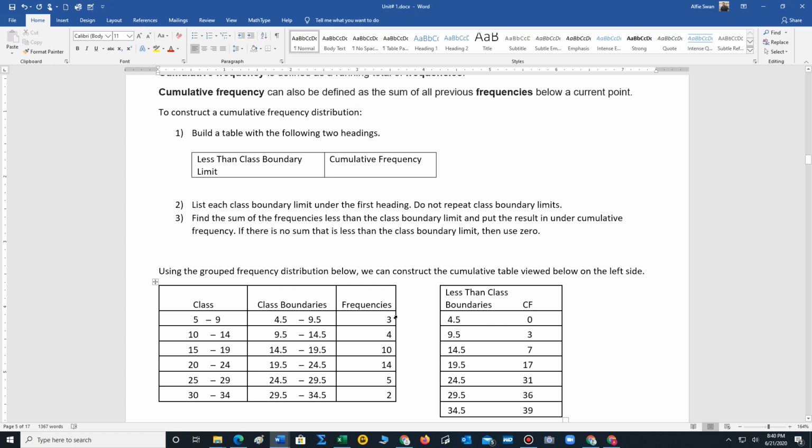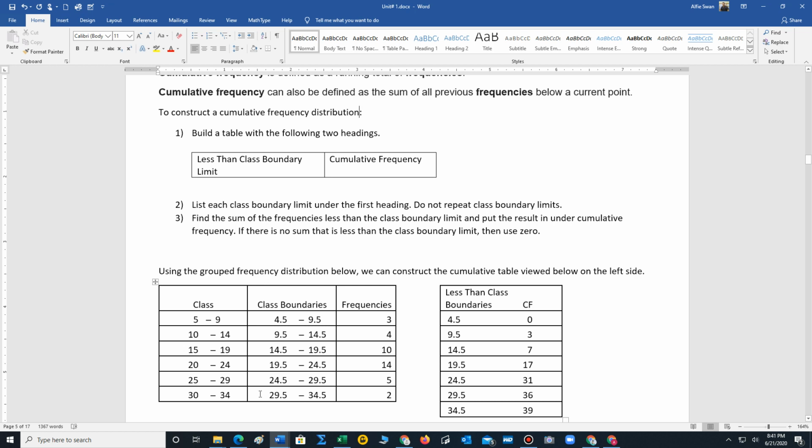14.5, there are 2 values that precede it, 3 and 4, so you add them together, that's 7. 19.5, there are 3 values that precede it, so 3 plus 4 plus 10, 17. 24.5, there are 4 values that precede it, 17 plus 14, that's going to give us 31.